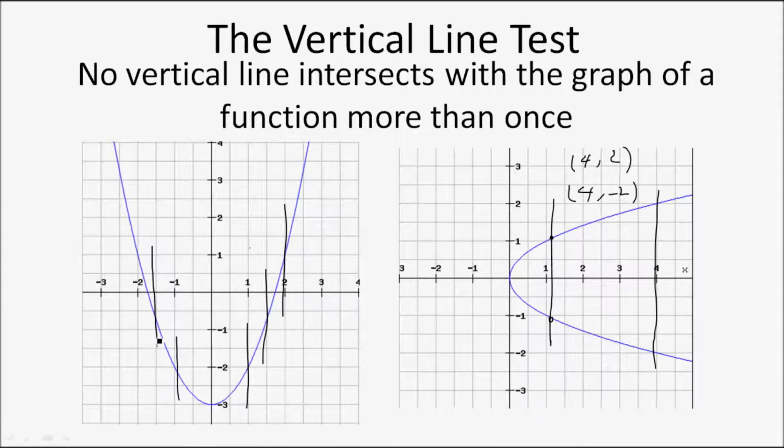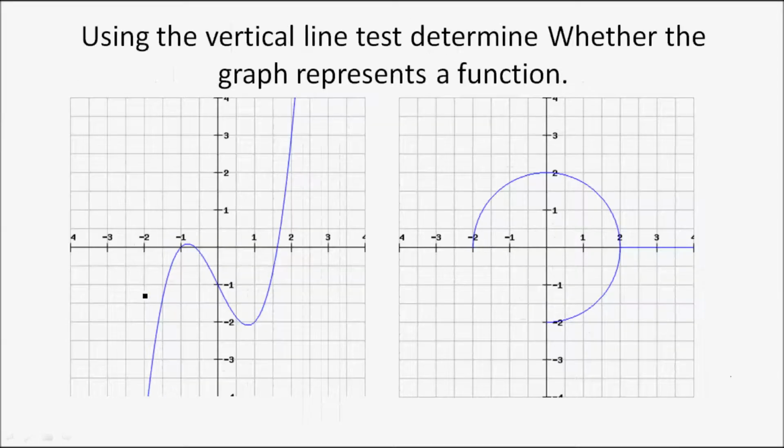So if you are given the graph of a relation, you want to check whether it is a function or not, you just try to find a vertical line that intersects with the graph more than once. If you're able to find such a vertical line, it's not a function. So for example, here, this one is not a function because think about this vertical line here.